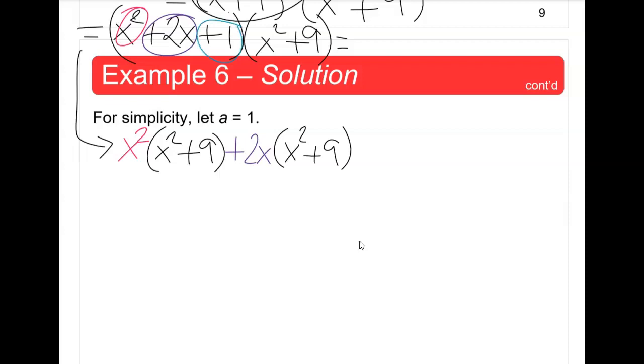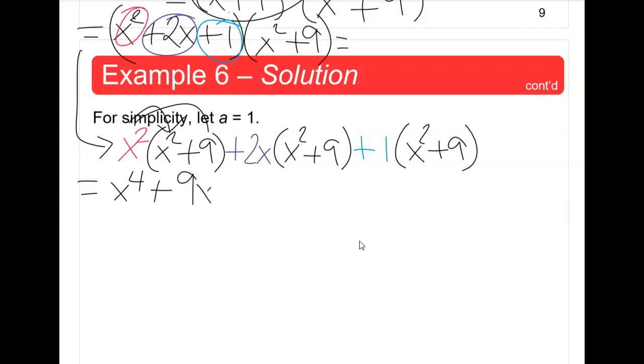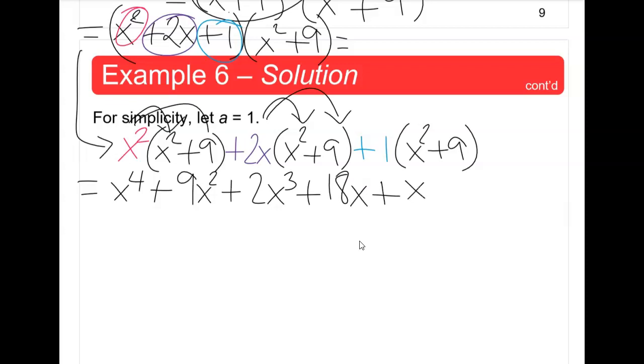And then we could take the positive 1 and distribute it to x squared plus 9. So then here, I'm going to go ahead and start multiplying. So here we'll get x to the 4th, and then plus 9x squared. And then I will get plus 2x cubed, and then plus 18x, and then plus x squared plus 9.